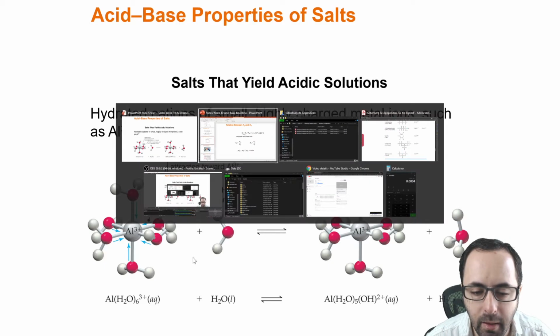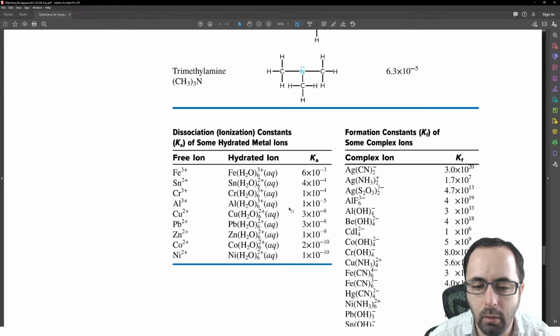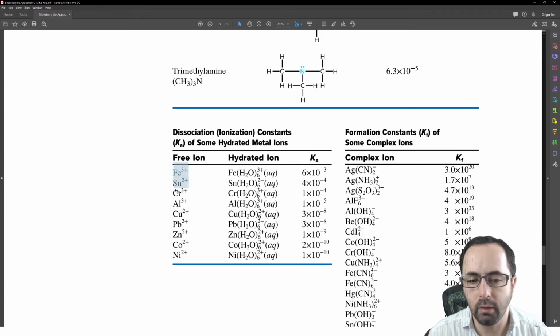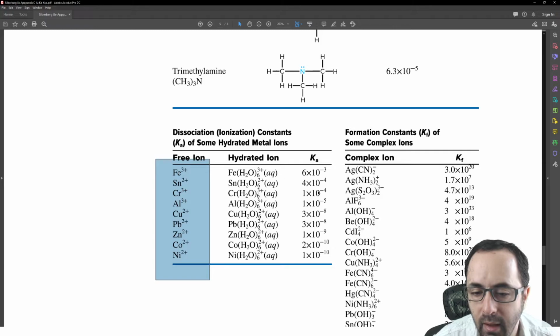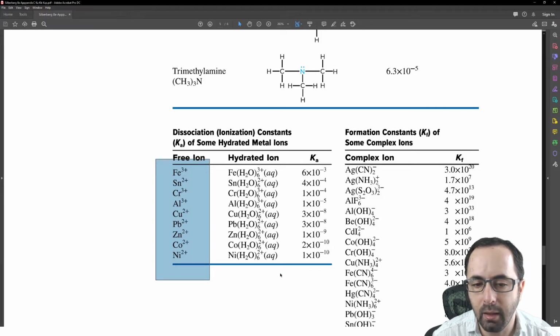If we go back to the appendix, you'll actually see that for a variety of transition metal cations like iron 3, so these are all acidic cations here, they are actually provided a Ka.